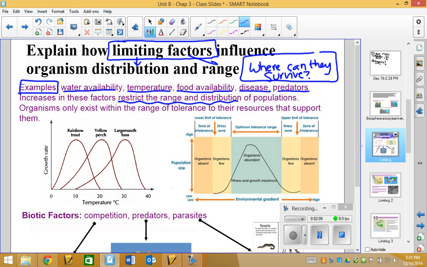And the main idea that I want to illustrate to you is that organisms only exist within what we call a range of tolerance to their resources. So I have two graphs.